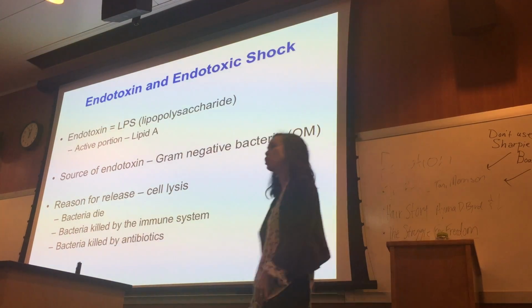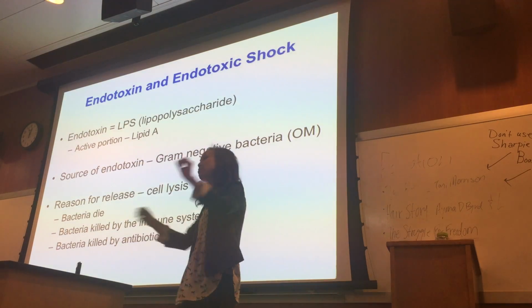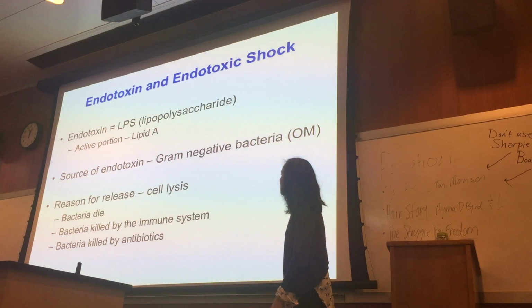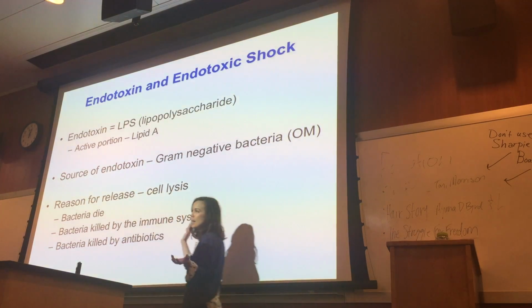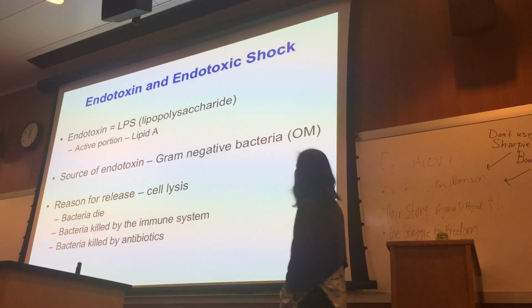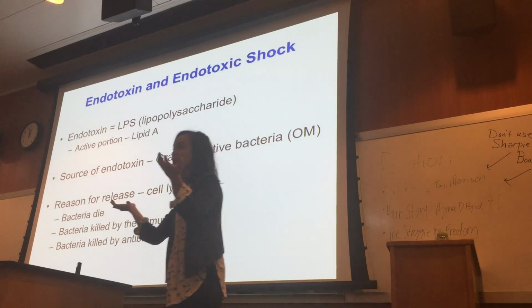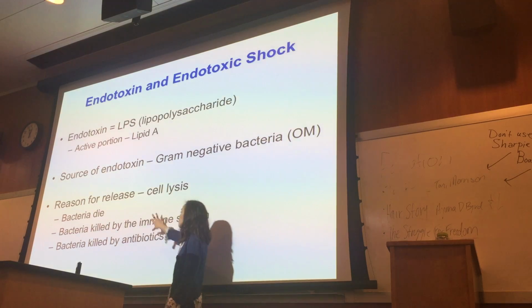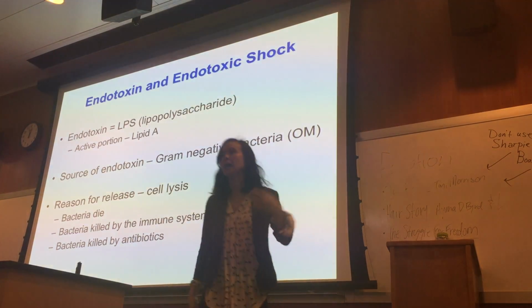Endotoxin can also have a shock-like effect, not because it's dumping out superantigen into your bloodstream, but because that LPS is accidentally getting released somehow. Sometimes that can accidentally happen, usually when the bacteria dies for some reason. These are the three primary reasons why that bacteria would die and dump out LPS.